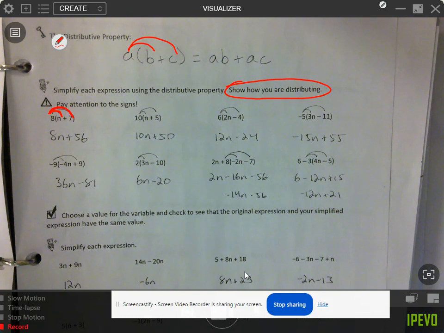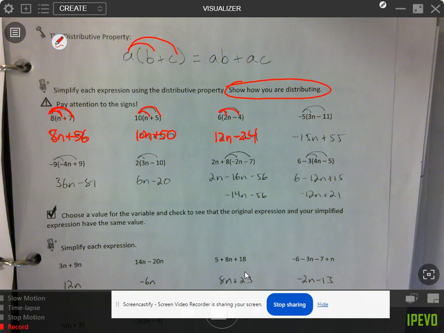So 8 times n is 8n. 8 times 7 is 56, and it is a plus because they are all positives. Here we have 10 times n, positive 10n, 10 times 5, positive 50. 6 times 2n becomes 12n. 6 times -4 becomes a -24.